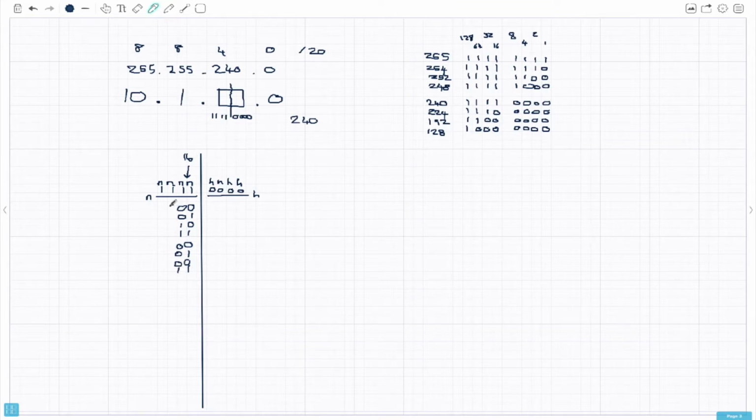Then you alternate every 4. Then you alternate every 8. I'm going to shortcut this now. If you want to write all 16 down, it's okay.